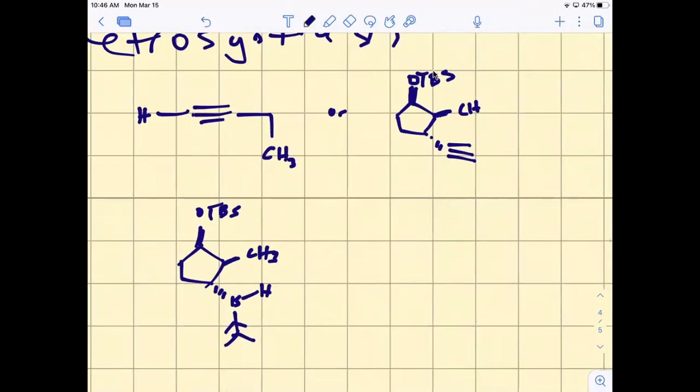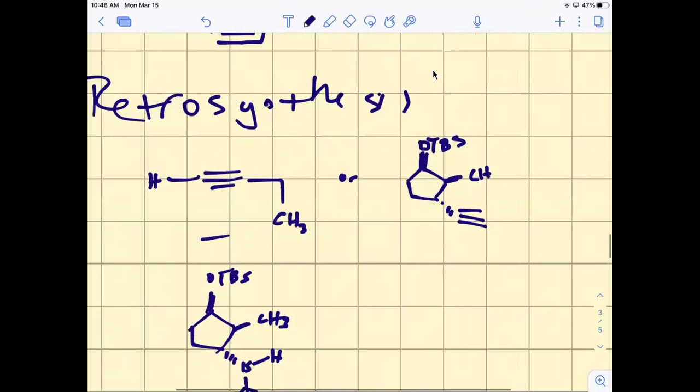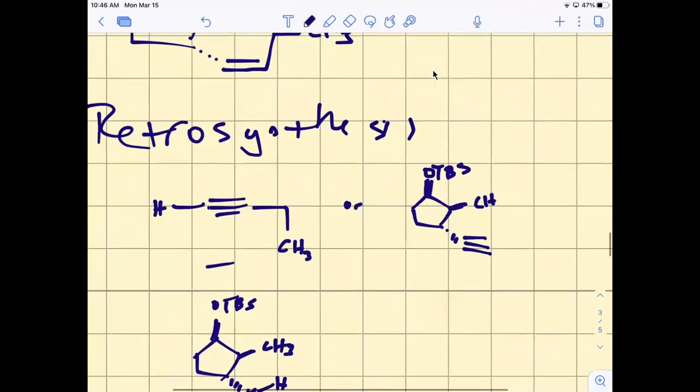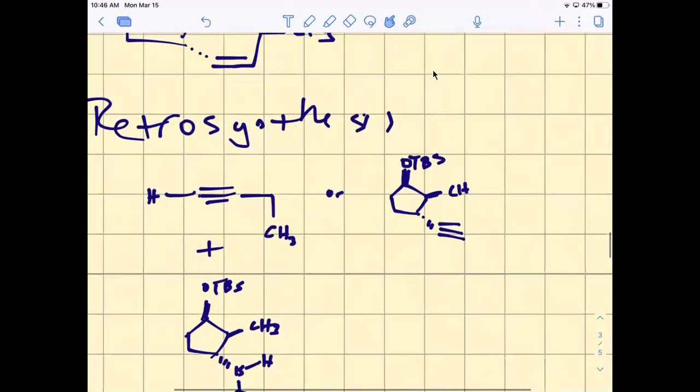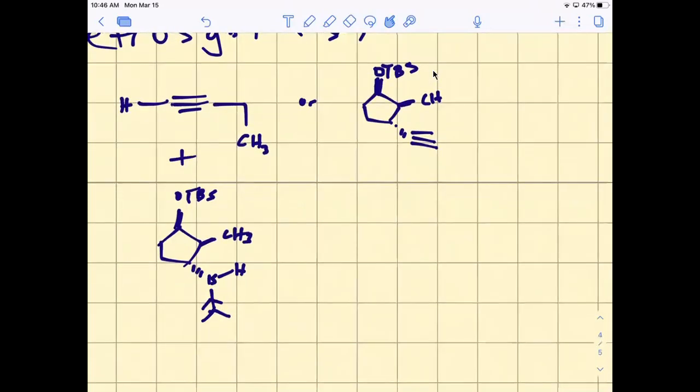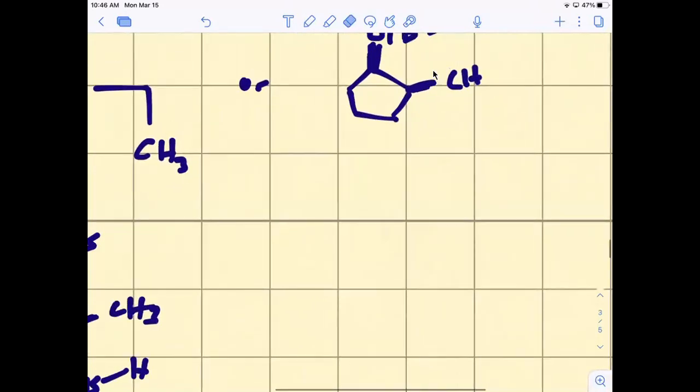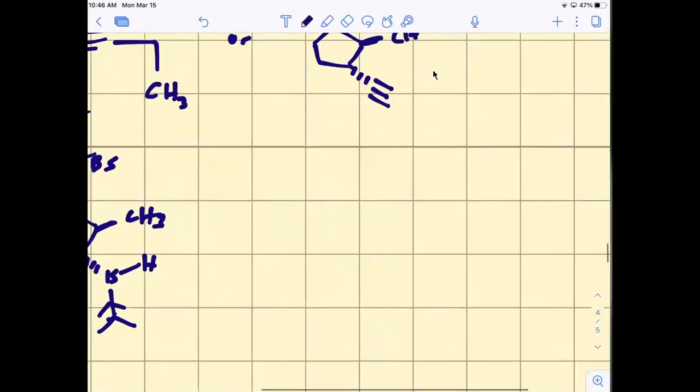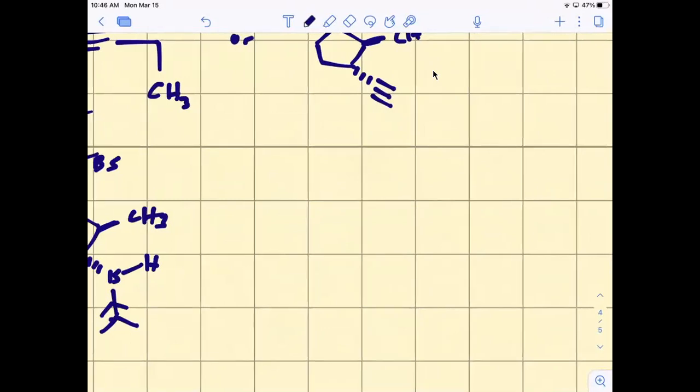Like so, right? So these two will couple, and that will give you your product. Or you could think about coupling this, let me fix that, the alkyne on the right, with a thexylborane like this.